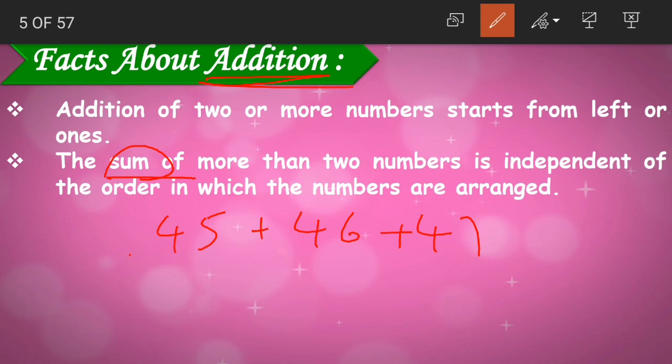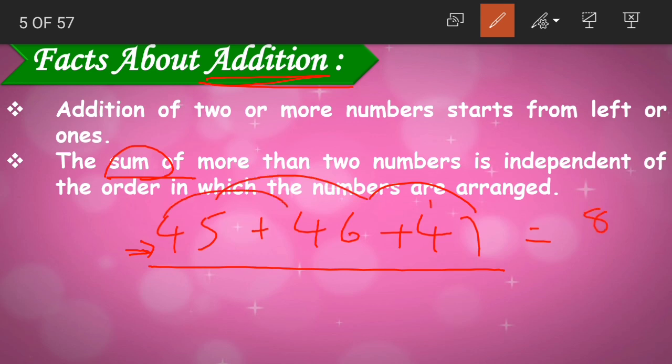See, now here 45 and 46 and 47, this is the order we have taken, right? What will the answer of this be? 6 plus 7 is 13, 13 plus 5 becomes 18 here, 1 is carried, 4 plus 4 is 8, 8 plus 4 is 12, plus 1 is 13, okay? 138 is the answer here.